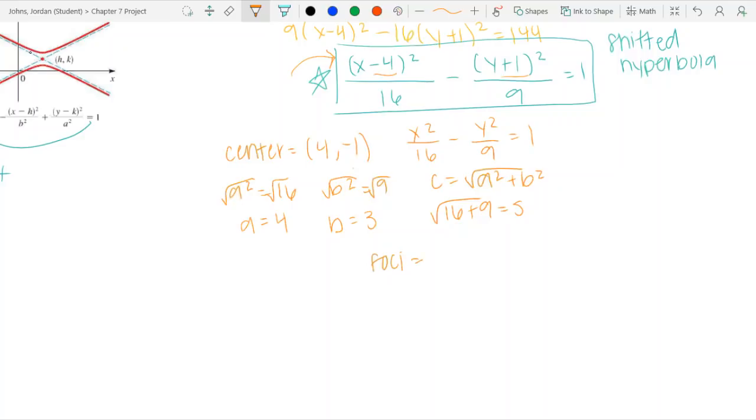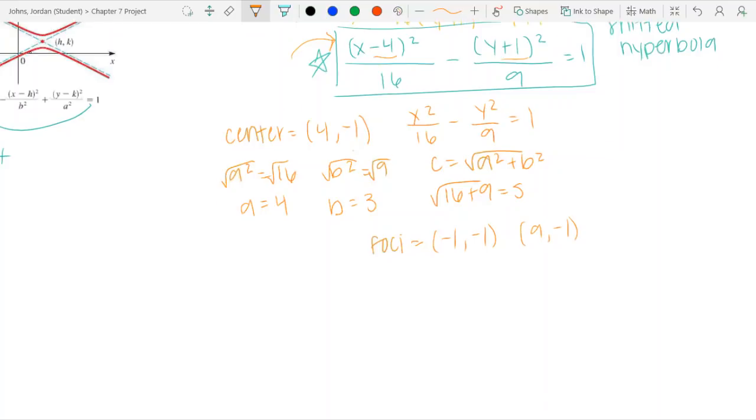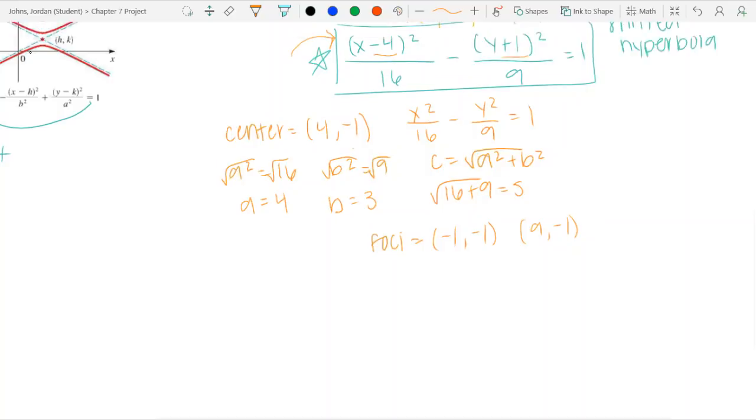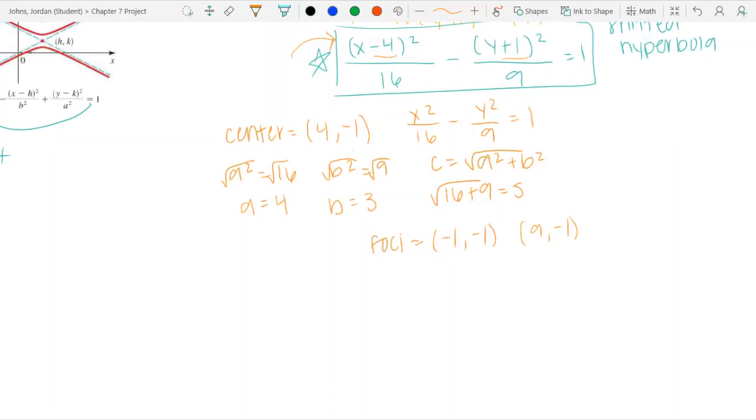So the foci equal (-1, -1) and (9, -1). And then the vertices are going to lie 4 units from either side of the center, so the vertices are (0, -1) and (8, -1).